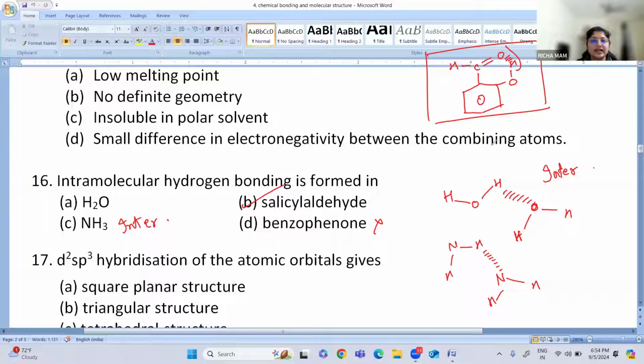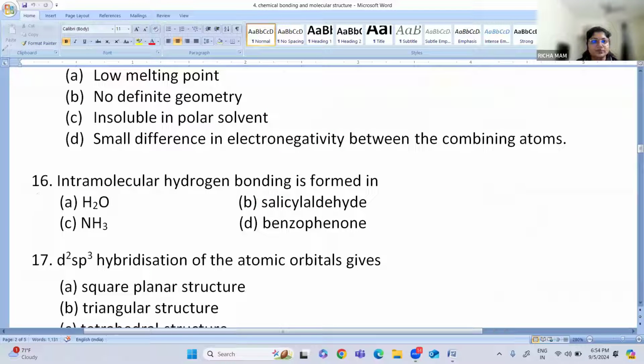When you see this, you can see within the same molecule, that is intramolecular hydrogen bonding is formed. So option number B is the answer.